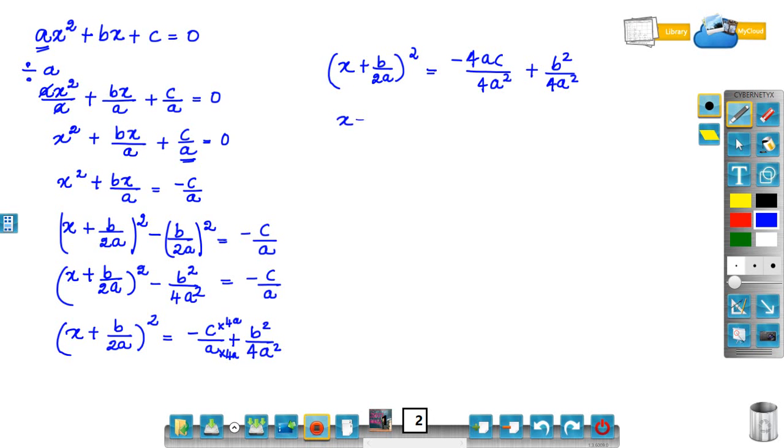Now, x plus b by 2a whole square is equal to, here 4a square is the common denominator. So, write here 4a square, and in the numerator we have minus 4ac plus b square.